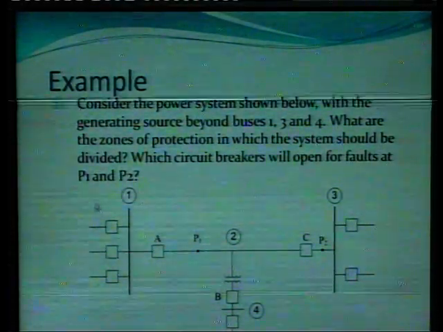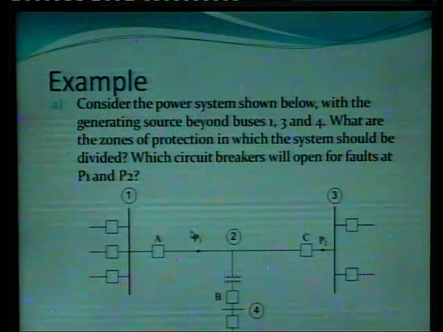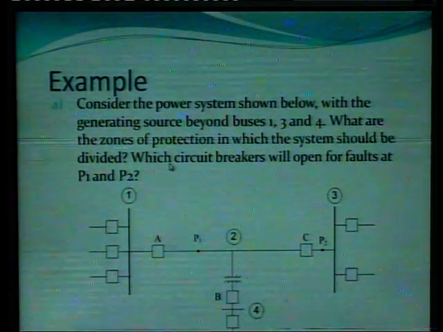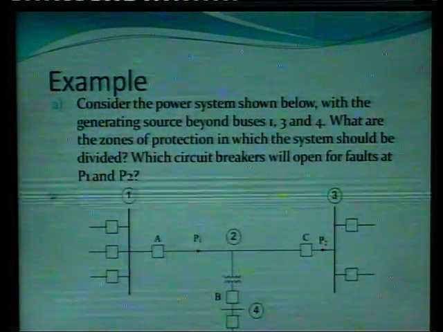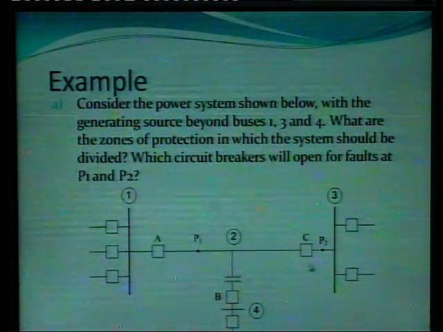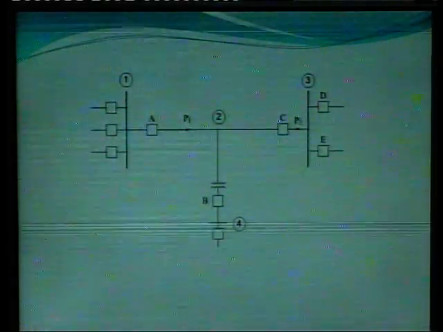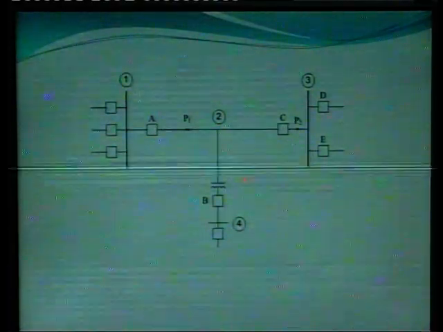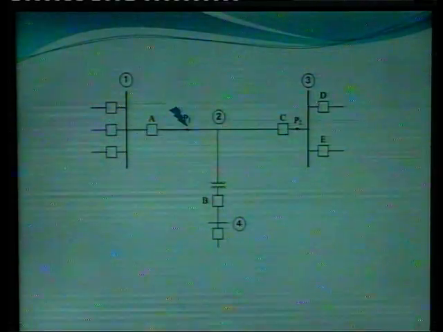We have to divide this power system network into different zones of protection, and the second question is, which circuit breaker will open for the faults at P1 and P2. So let us solve this question. This is the power system network that is given to us. Now the fault is at P1.